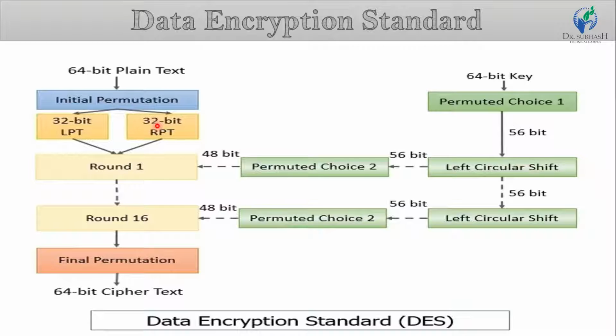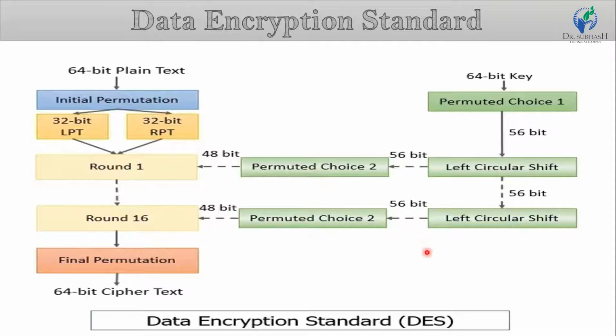So this is the process of step number 1. Now in step 2, 16 rounds of DES encryption are performed on this LPT and RPT with a 56-bit key.